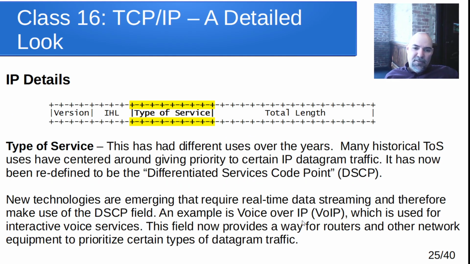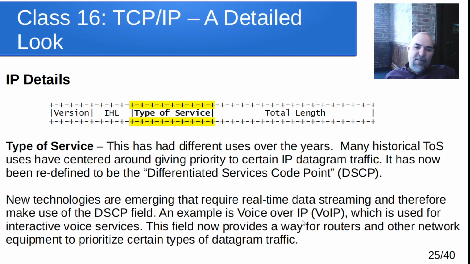All right, the type of service, that's had different uses over the years. A lot of historical uses of type of service have been for giving priority, or I guess we'd call it some sort of increased level of performance to certain kinds of traffic.